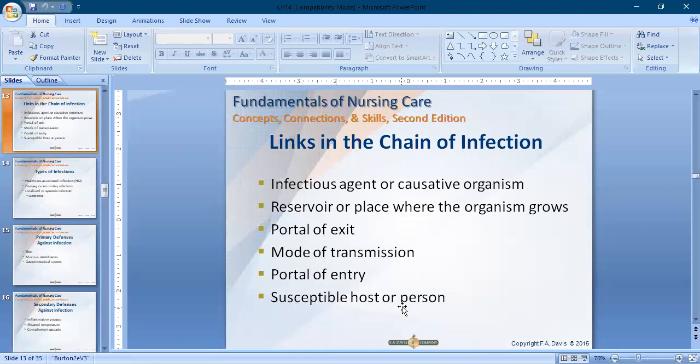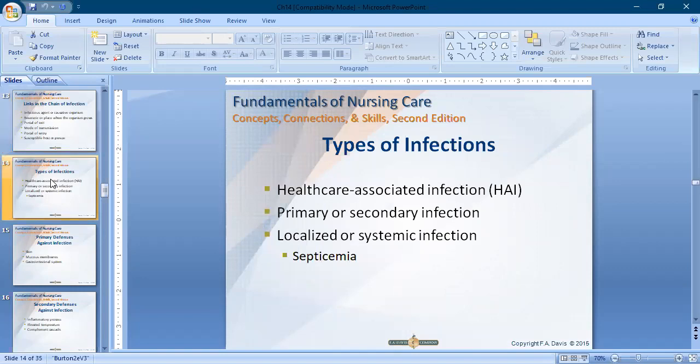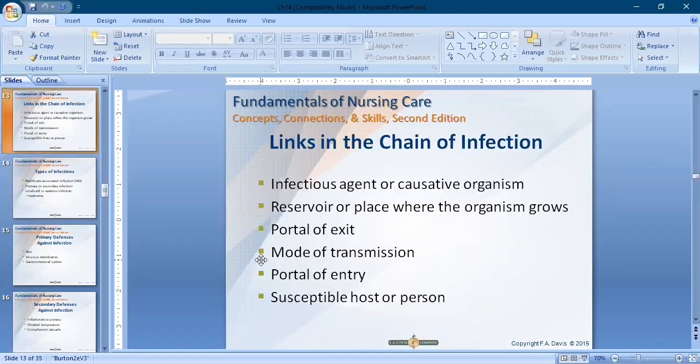So the chain of infection starts with the causative agent, then reservoir, then portal of exit, then mode of transmission, and portal of entry, and susceptible host, right? So now, here, portal of entry.